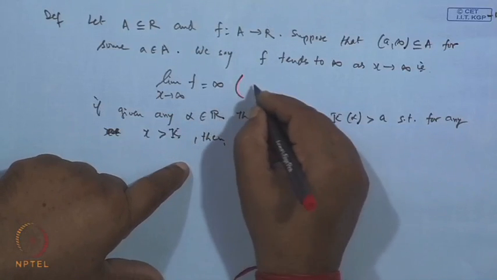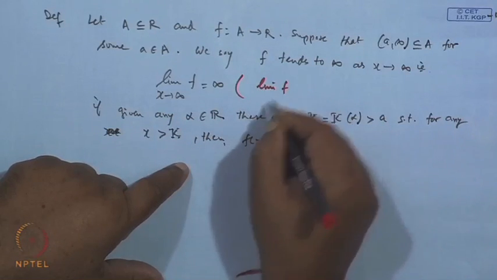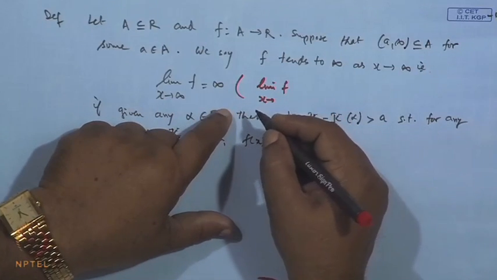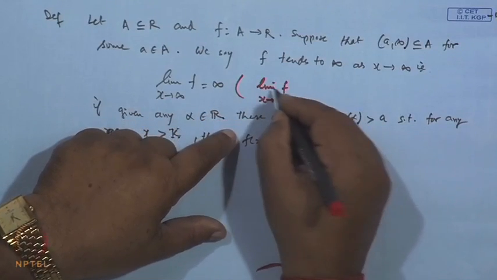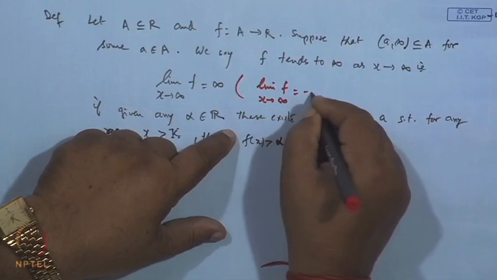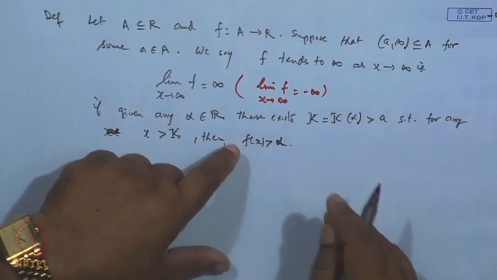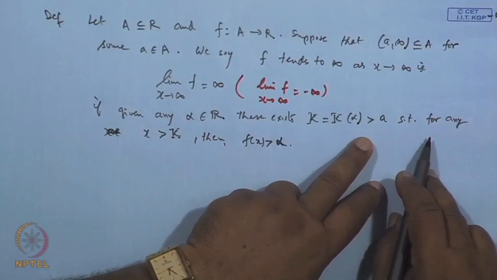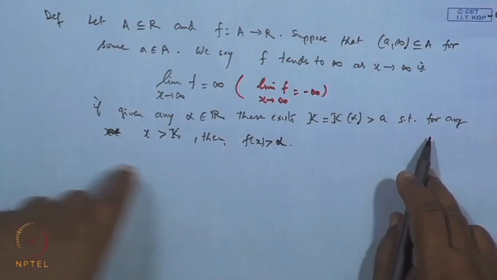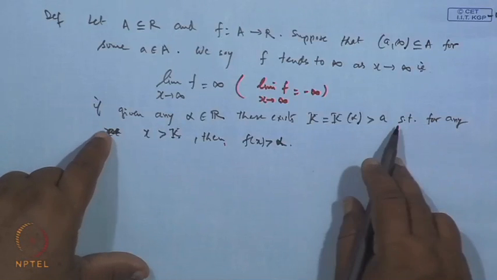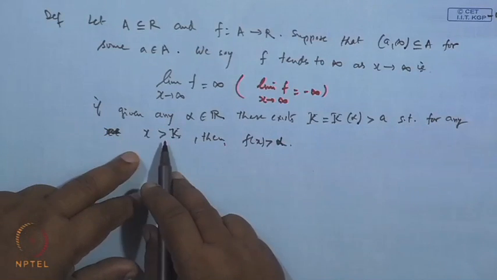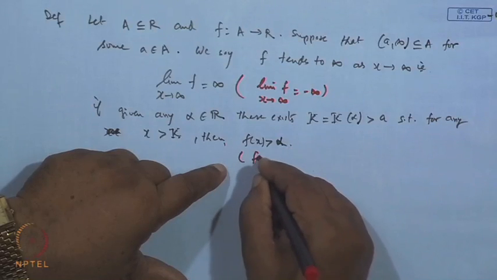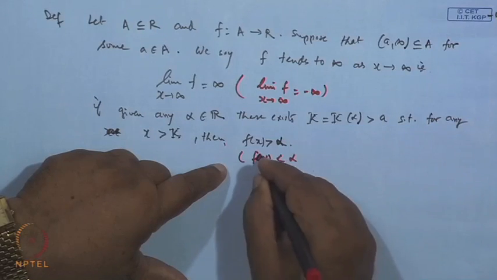Similarly, if we take the limit of f as x tends to infinity to be minus infinity, it means that for any alpha there exists k greater than a, k depending on alpha, such that for any x greater than k, f(x) is strictly less than alpha.